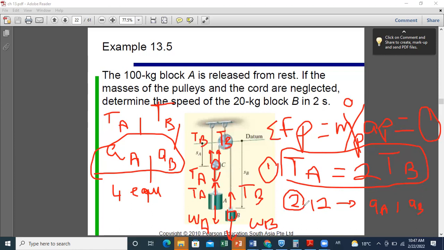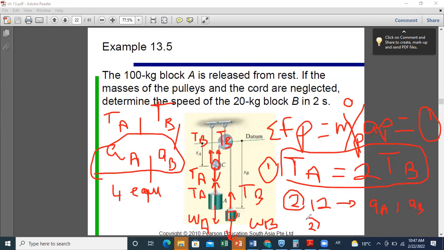What are the two remaining equations? Whenever you have forces and acceleration as unknown, always think to relate them using what? Newton law. Newton. So we'll write Newton for B and the Newton for A. So we have two additional equations.